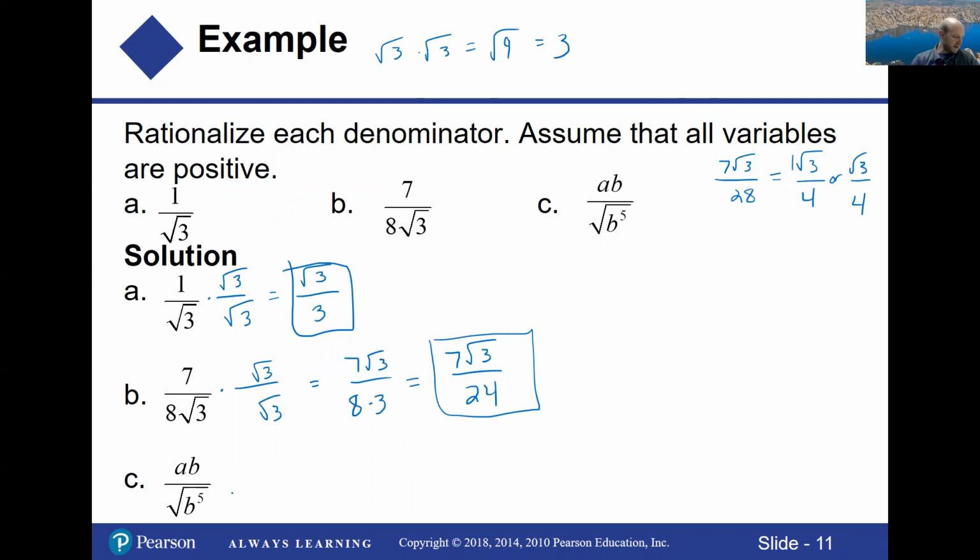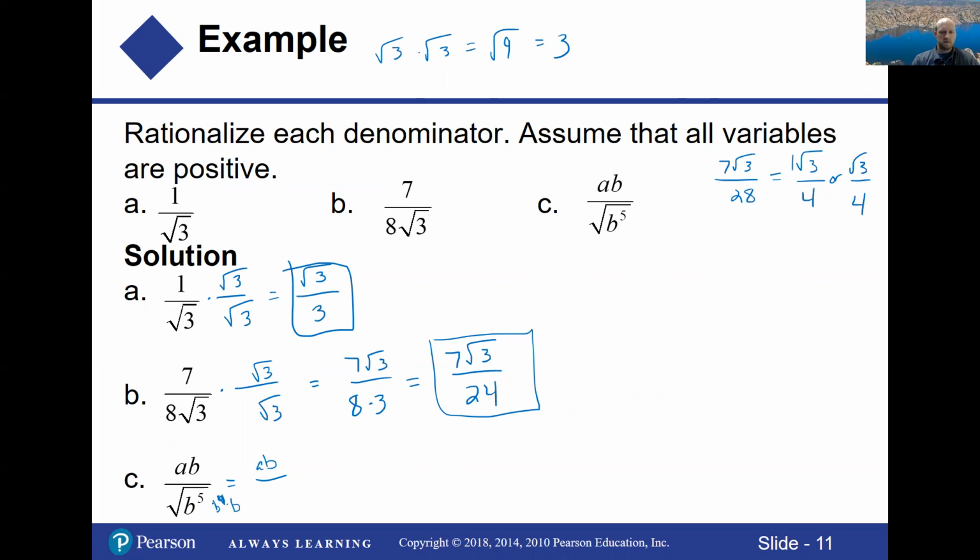Let's do one more here on the rationalizing. Before I rationalize this, I'm actually going to simplify. We did an x to the 5th earlier, either in this section or 10.3. But b to the 5th, remember, I can write as b to the 4th times b.